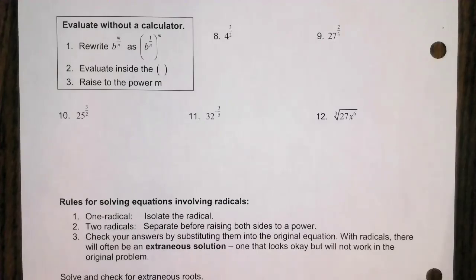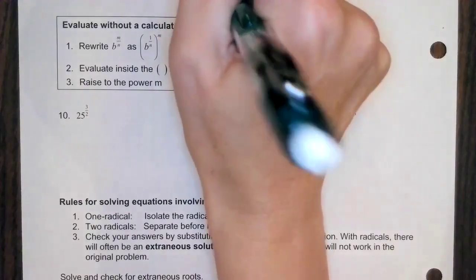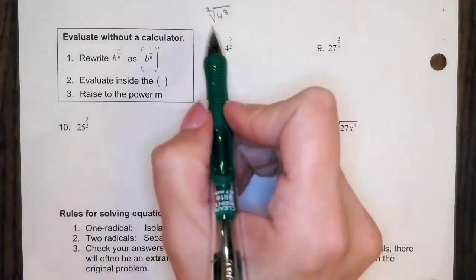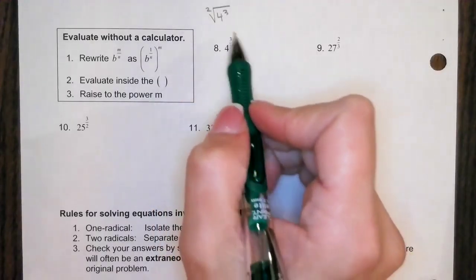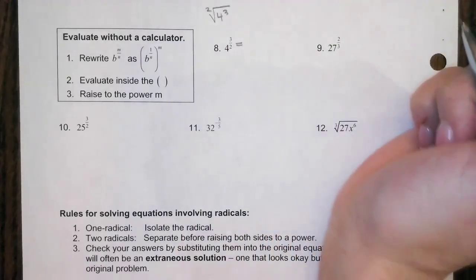All right, so we said it makes it easier to simplify without a calculator, so that's what we're going to try here. So 4 to the 3 halves would be the square root of 4 cubed. And so this right here is a little bit harder to simplify, but we can do it without a calculator with the rational exponent.